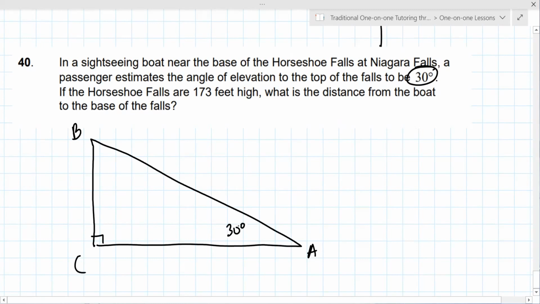Okay. If the Horseshoe Falls are 173 feet high, what is the total distance from the boat to the base of the falls? So are they asking for B or C in this question? B. So which trig function would you use? Tangent. Tangent of 30 equals 173 over B. Okay, good.